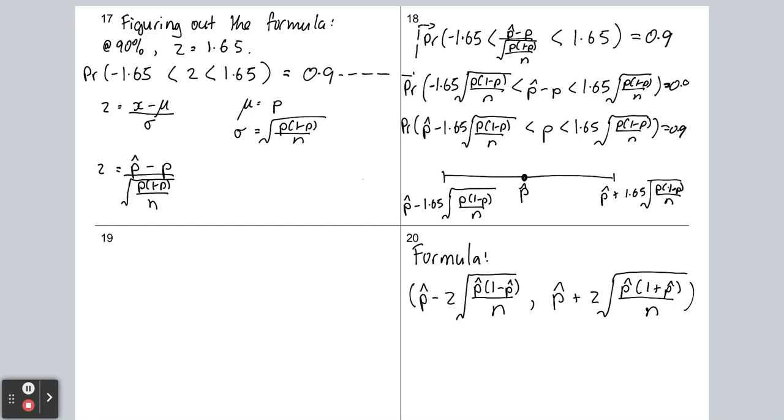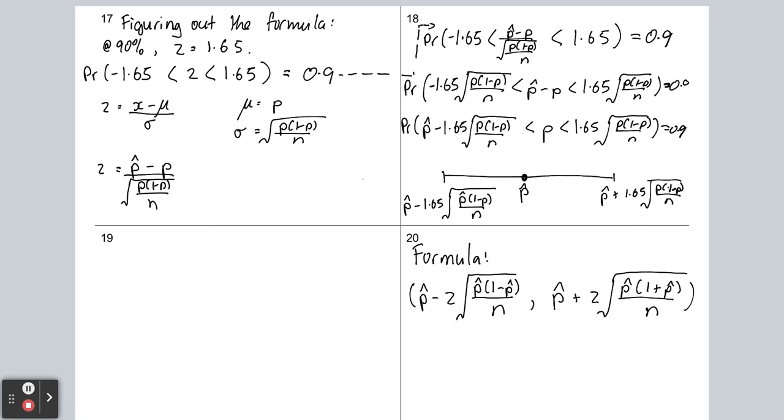We're hoping that p itself will be somewhere in here, in this interval, and these are our endpoints, which is what our interval estimate is going to be. But it's an interval estimate, and the interval estimate is based on us taking p, which we don't know. Remember, we don't know what p actually is, but we're estimating it to be the same as p hat.